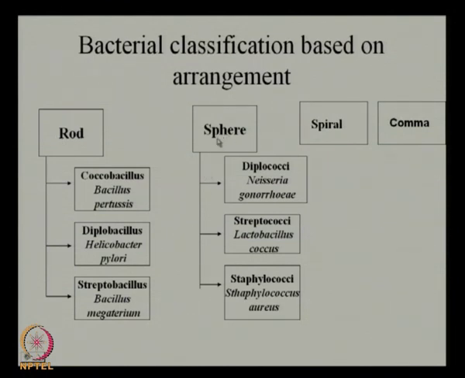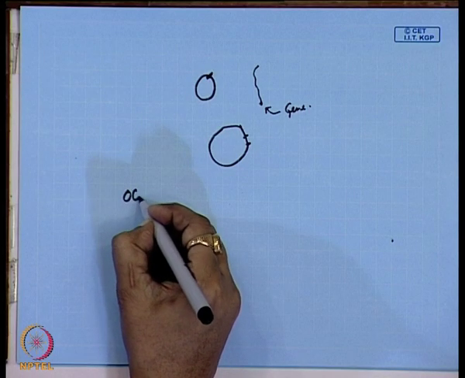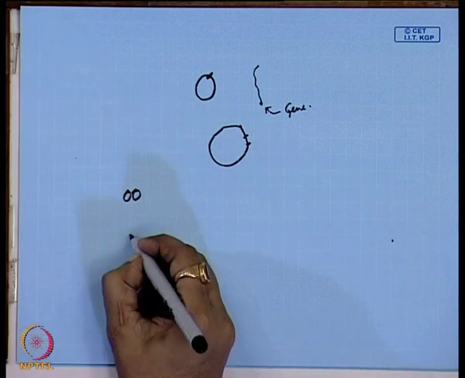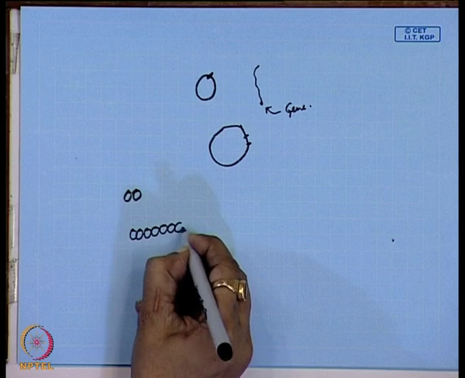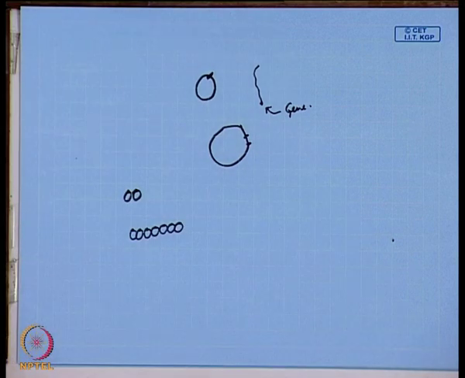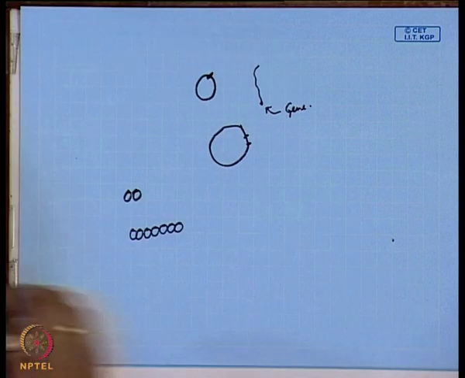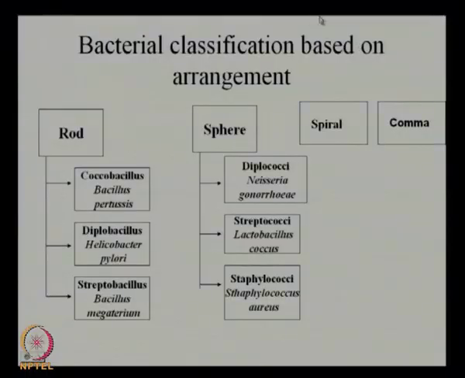When we are talking about spheres, then it is Diplococcus, that means two cocci are arranged together; Streptococci, a chain of bacteria forming a chain like structure; and Staphylococcus, where a bunch of bacteria, just like grapes, are attached together.